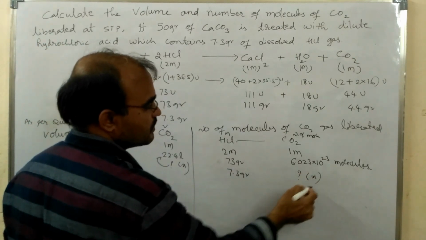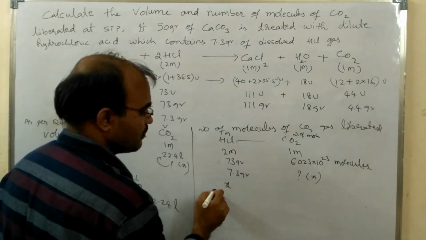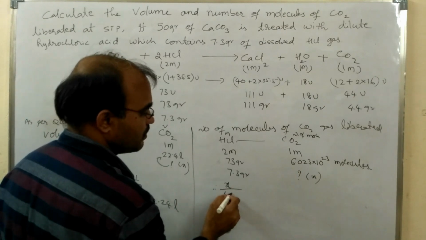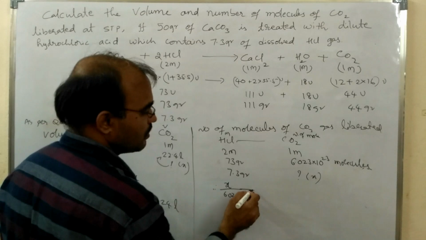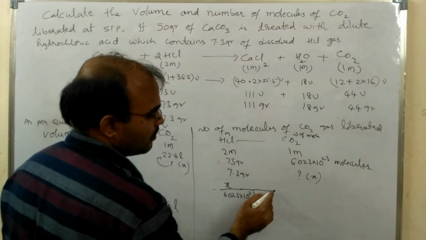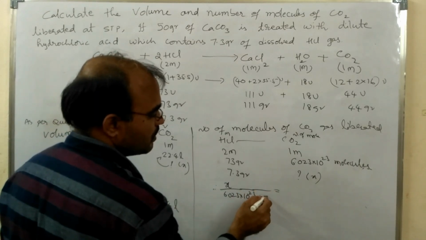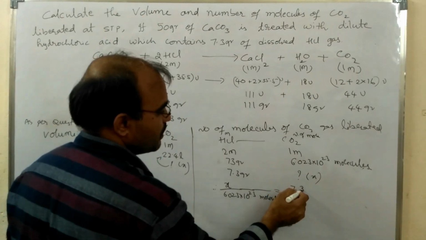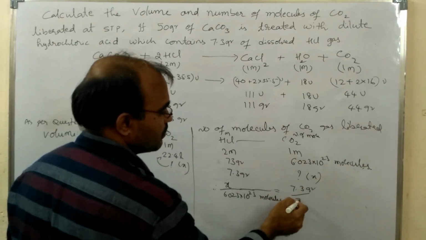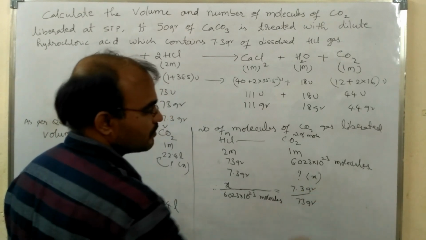Again, let this be x. Therefore, x by 6.023 into 10 power 23 molecules is equal to 7.3 grams by 73 grams.